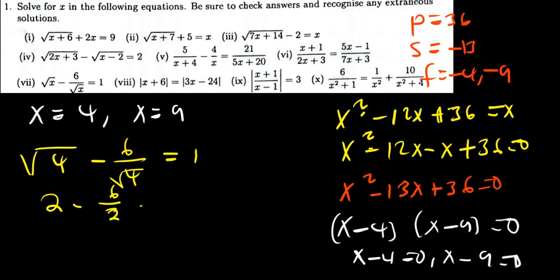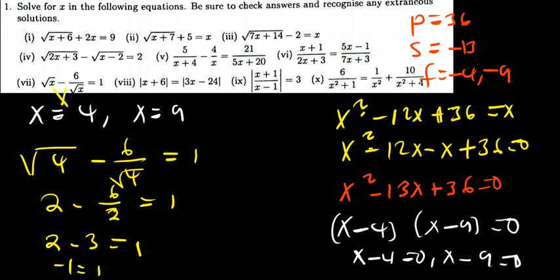Is it going to give me 1? So 2 minus 3. Is it going to give me 1? We can clearly see that this is going to give me negative 1. Negative 1 is not equal to 1. Therefore, x equal to 4 is an extraneous solution. It's not part of the solution.